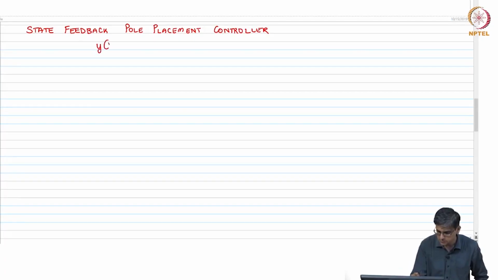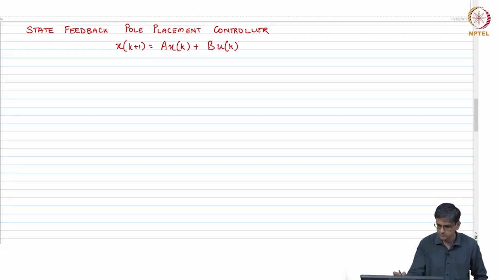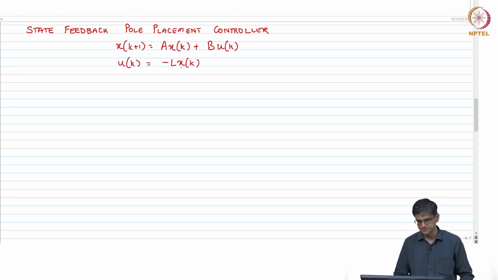Your system is x k plus 1, and u k equal to minus L x k.